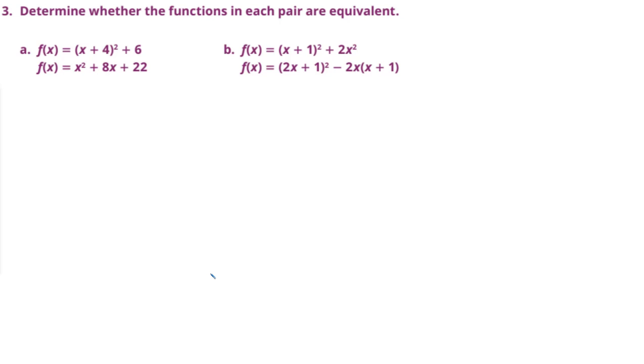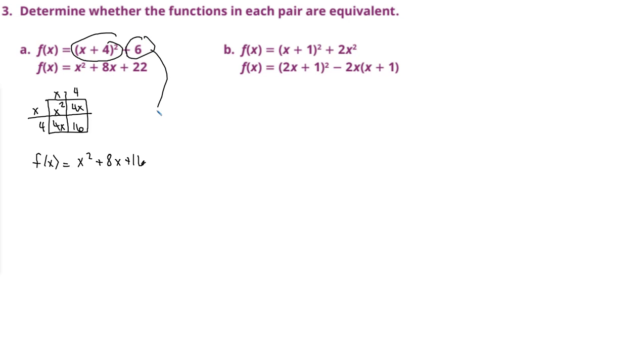Determine if these function pairs are equivalent or not equivalent. And so you have to do the math out for these sets. We're going to try to simplify that first line to see if it looks like the second line. x and 4, x and 4. So x squared, 4x, 4x, and 16. So I'm going to do x squared plus 8x plus 16.